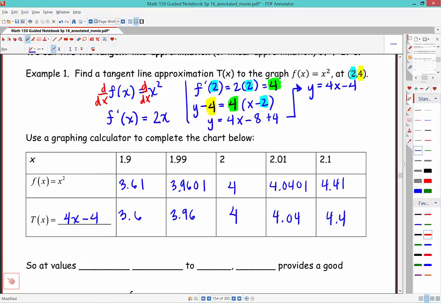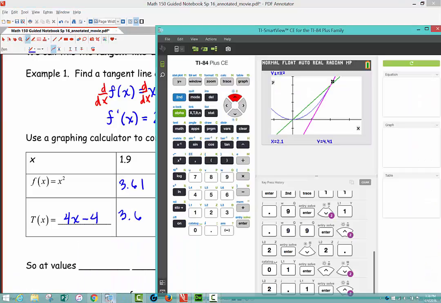Okay, so let's kind of check this out. It's really very easy looking at the graph, especially if we adjust the window a little bit. So let's take a look at this graph, and we can look at it close up.